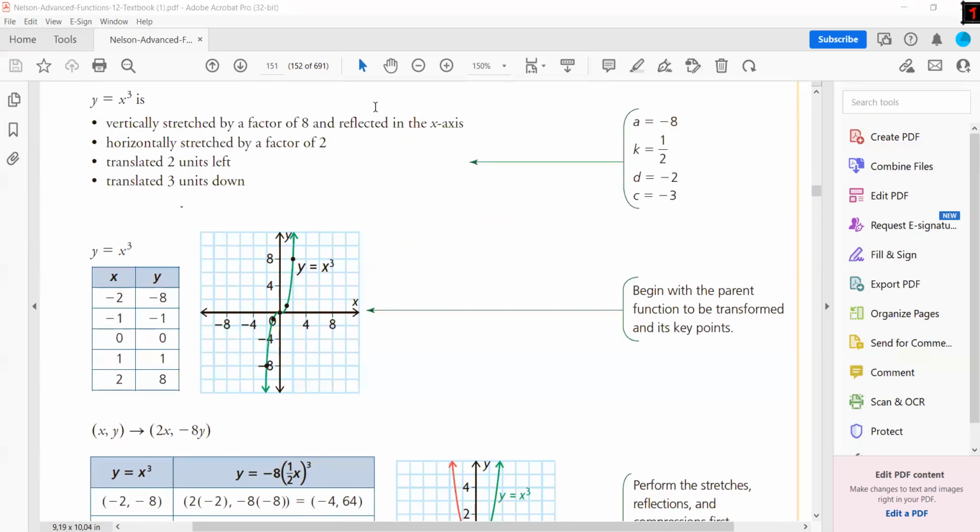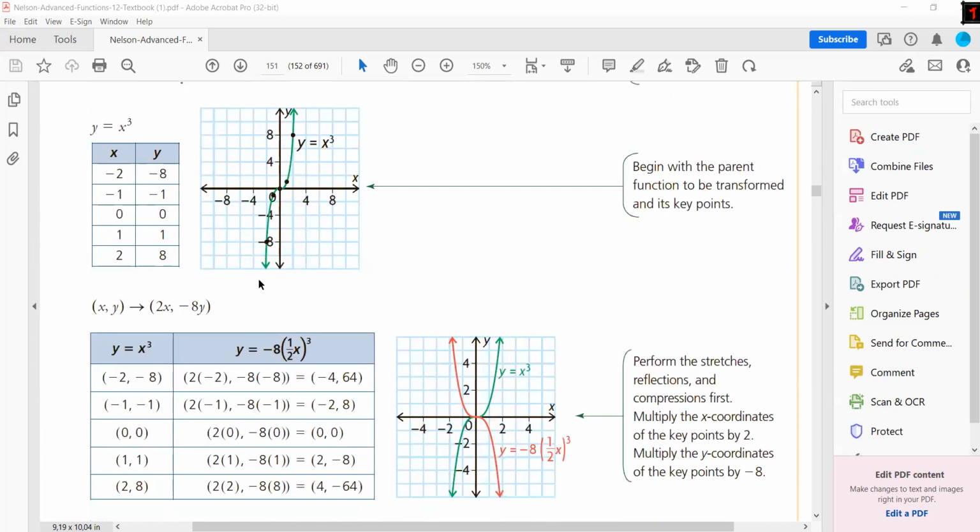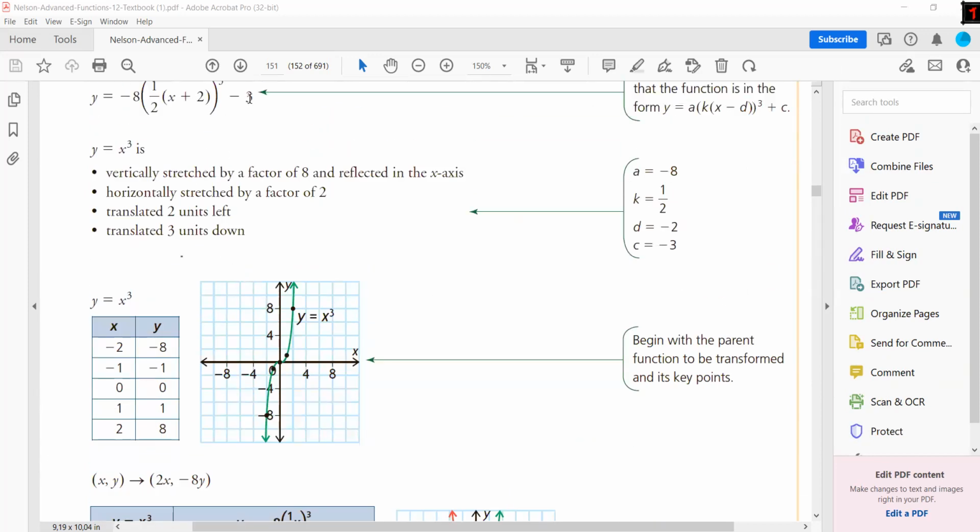And here is where the k and a coefficients take place, right? Because as soon as it's getting stretched by a factor of 8 in the y-axis, vertically, that's where this coefficient pops up. And it's going to get stretched by a factor of 2 horizontally.